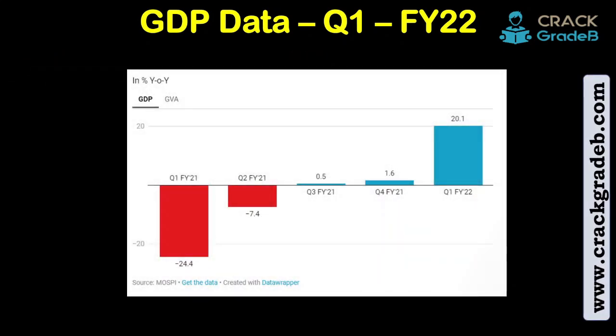Now let's move forward. Let us see how this is done and compare it. So this is the GDP data on a year on year basis. In quarter one, financial year 21, it was minus 24%. This was the time when the corona first wave had hit the country, and the majority of industry was put under restriction and lockdown was imposed in the country.